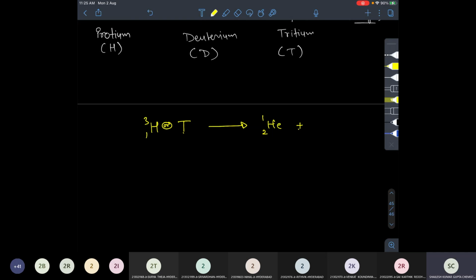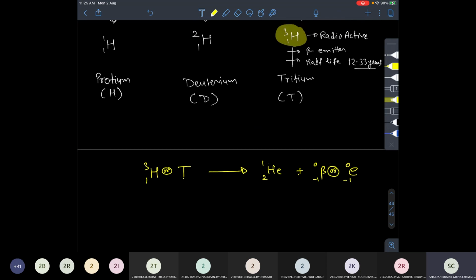The representation of this beta you can write like this, -1 0 e, or e -1 0. It is identical. You can call this an electron as well. Some people call it beta negative, but as per modern nomenclature, beta means beta negative, and beta positive is known as a positron.